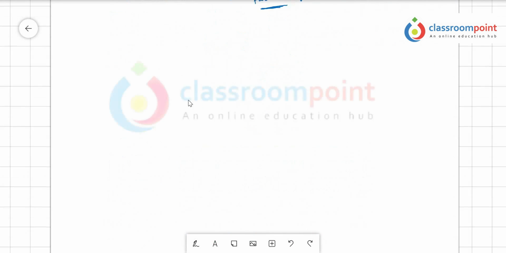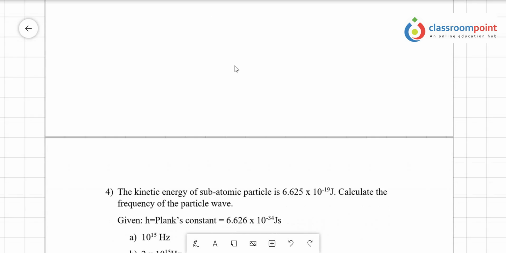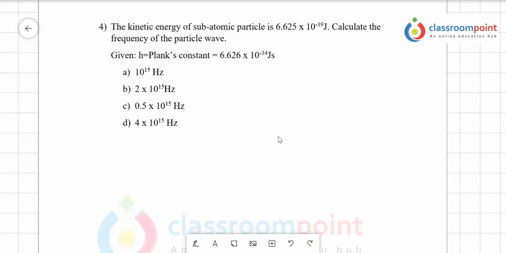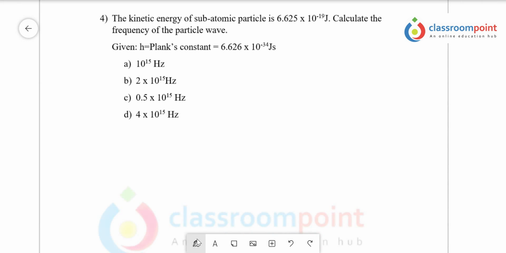Let's go to another interesting question. The question is, the kinetic energy of a subatomic particle is 6.625 into 10 power minus 19 joules. Calculate the frequency of the particle wave. So Planck's constant value also has been given over here.